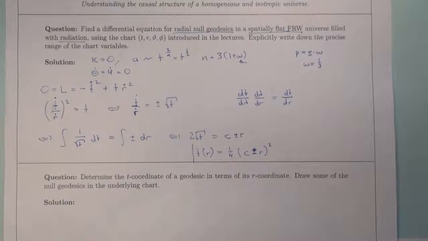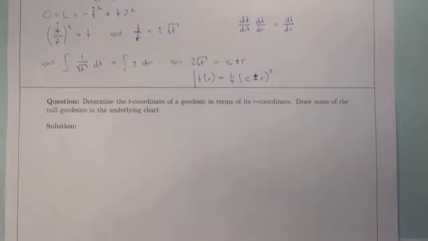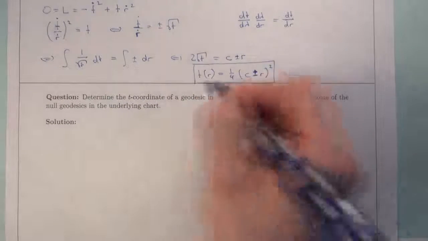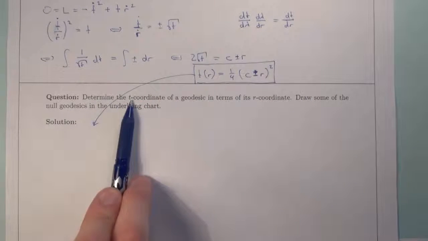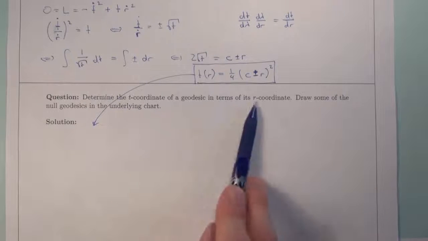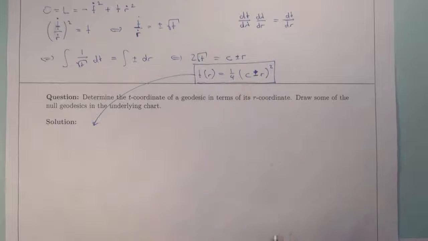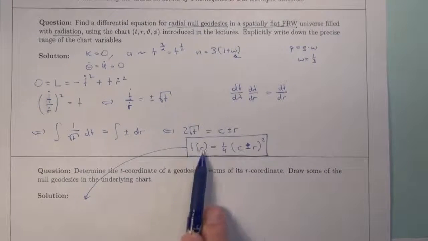Oh, I see that we already solved what should be solved in the next question, but actually it doesn't matter, so maybe we put that here. We should determine the t coordinate of this geodesic in terms of its r coordinate, and that's what we did already. But what we forgot was the range of these two variables.